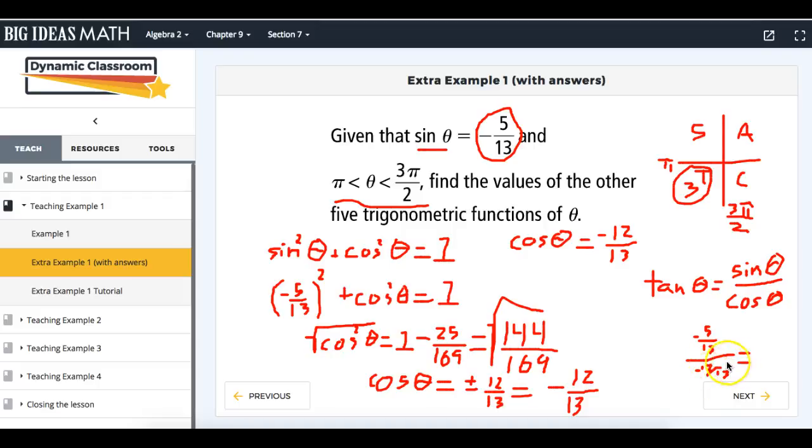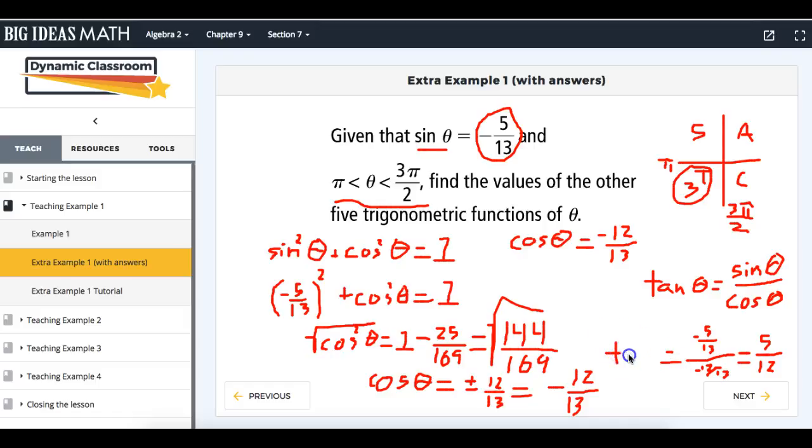When we copy dot flip, the negatives cancel, the 13s cancel out, and we get the tangent equals 5 over 12.